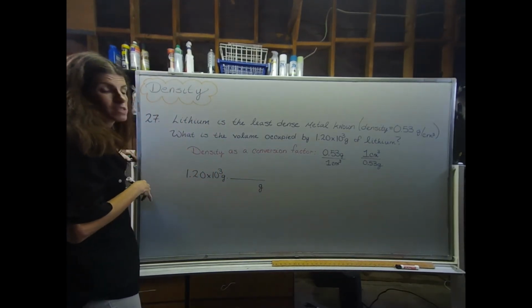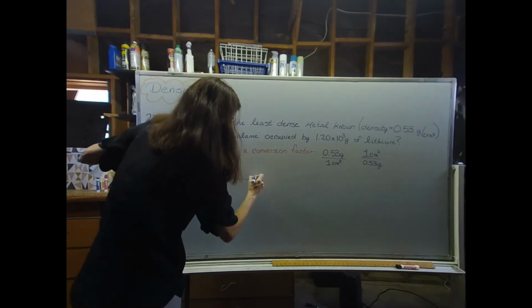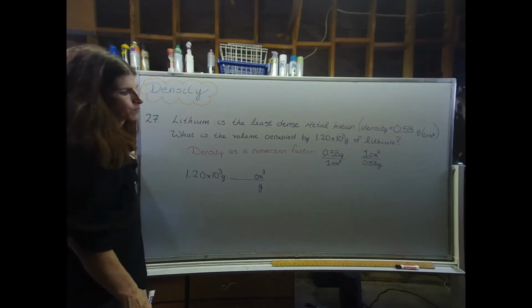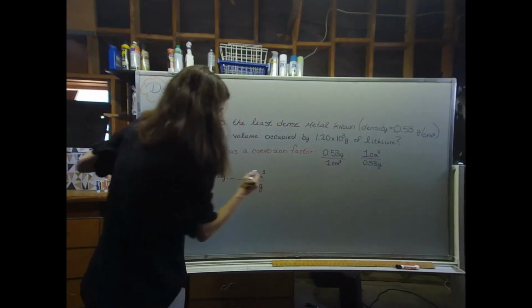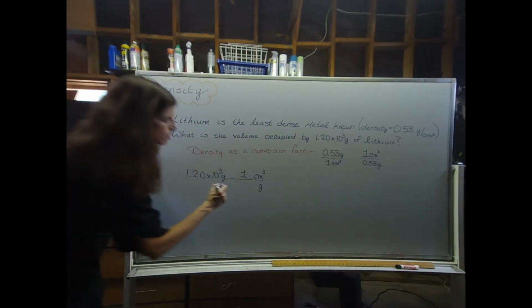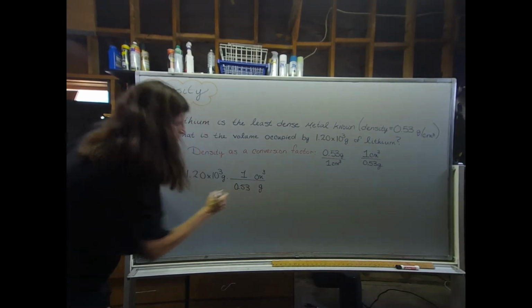They weren't too specific about the units, so I'm going to keep it simple and go to centimeters cubed, because that's what my density has. And it looks like we're going to need the 1 all the way over here, because the 1 is still going to stay with the centimeters cubed, and the 0.53 is next to the grams.